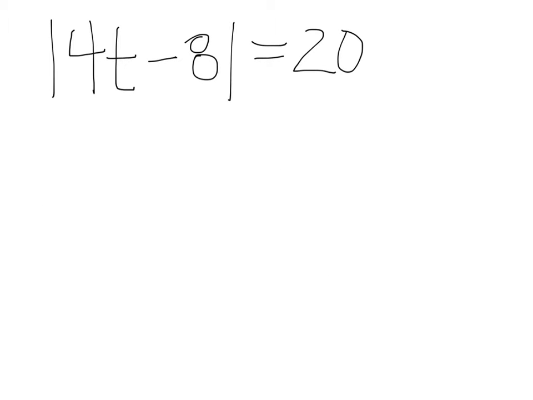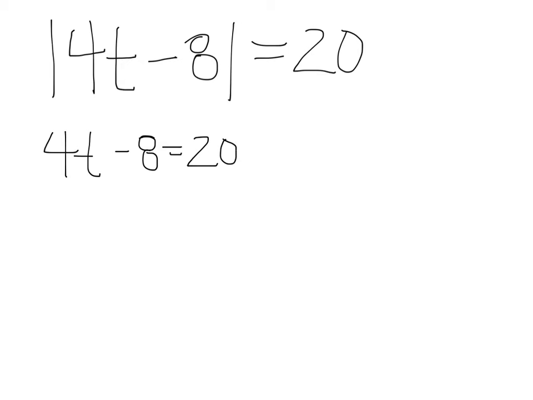Here's an easy one to get you started. The absolute value of 4t minus 8 is equal to 20. First, we're going to release the expression from the absolute value bars and write and solve two equations. So 4t minus 8 equals 20.